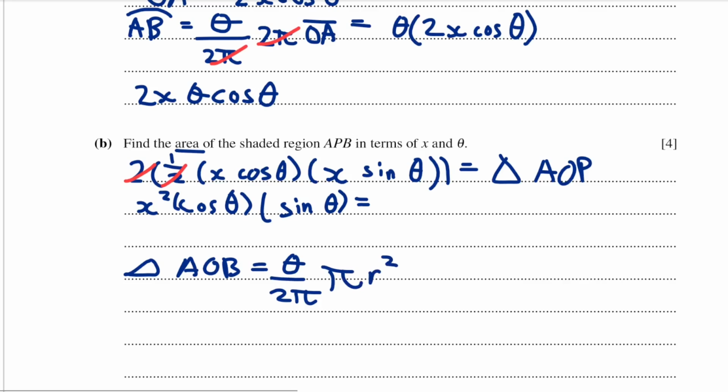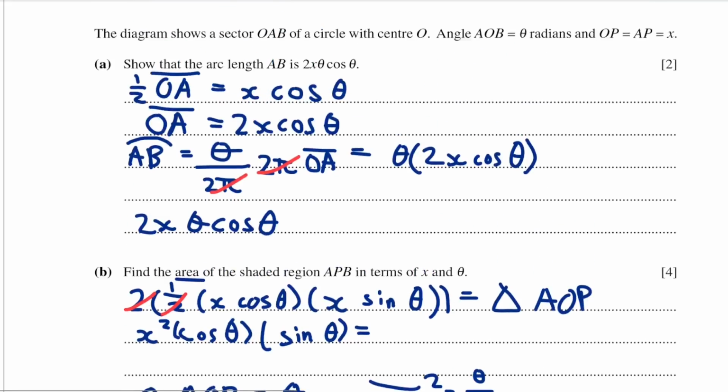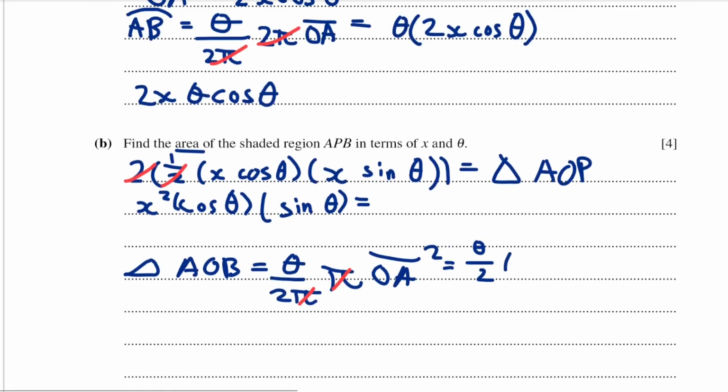In this case, the radius is OA, so OA squared. Now these pi's will cancel out, and we just get theta over 2 times OA squared. So this will equal theta over 2 times 2x times the cosine of theta, squared.